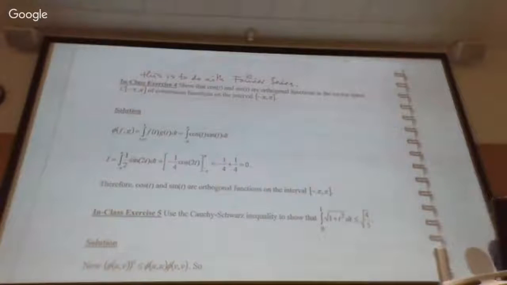Remember I claimed in the introduction that the family of basis functions, the constant function, all those cosine functions and sine functions, were actually an orthogonal set with respect to the standard inner product. Well, here you've got exactly this. Well, one instance. So taking the basic cosine and sine functions of period 2 pi, cosine of t and sine of t.